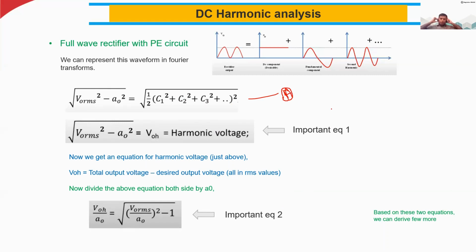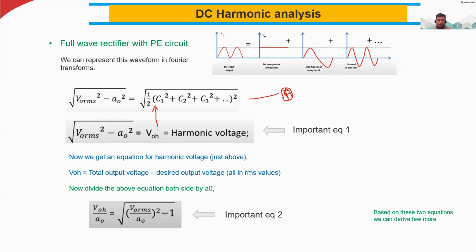So I call this entire harmonics component with a single letter, VOH. We can call this VOH the harmonic voltage. So the value of the harmonic voltage is square root of 1 by 2 times C1 square plus C2 square plus C3 square plus C4 square and so on, whole square. Okay, this is equation 1.